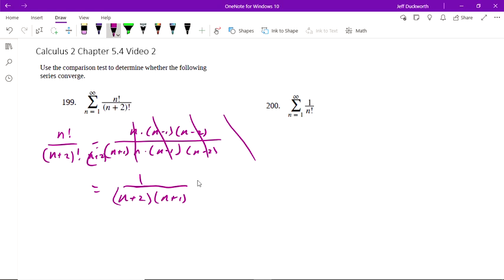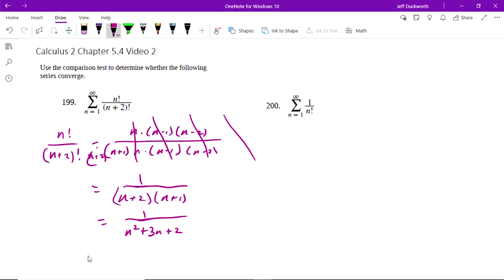So what can we compare this to? Well, let's take a look at what else it looks like. Let's FOIL this out. So it's n squared plus 3n plus 2, right? So we have an n to the second power. So this looks like a p-series where our p is 2.